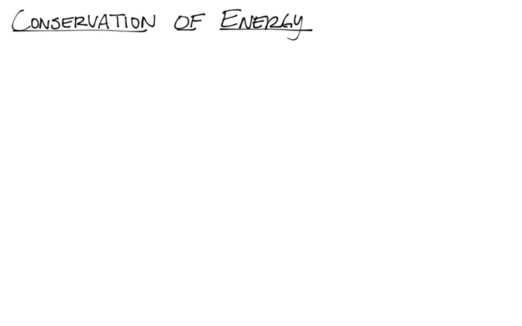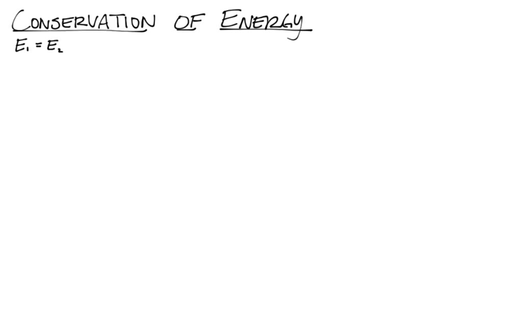All right. Now comes the big show, conservation of energy. This one is super important. So, what we are saying for conservation of energy is that for any given system, the energy at one point is equal to the energy at another point.